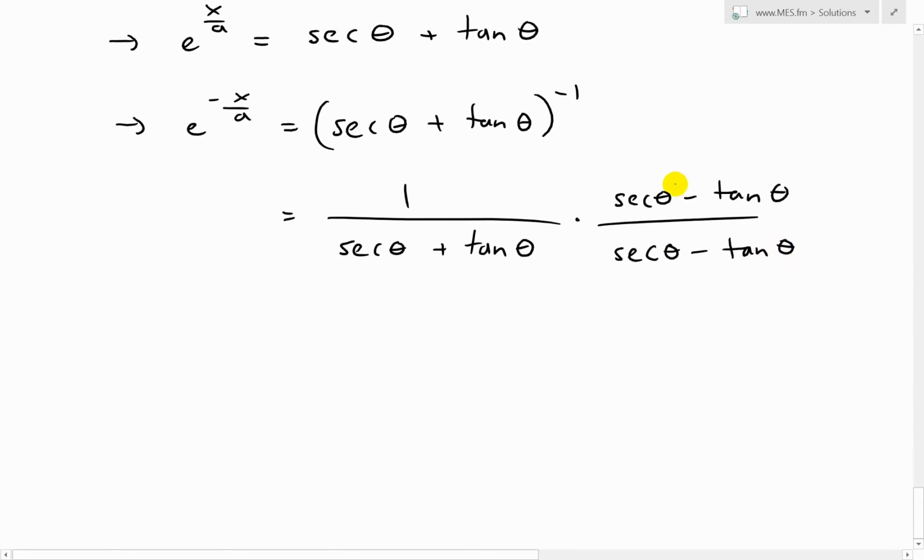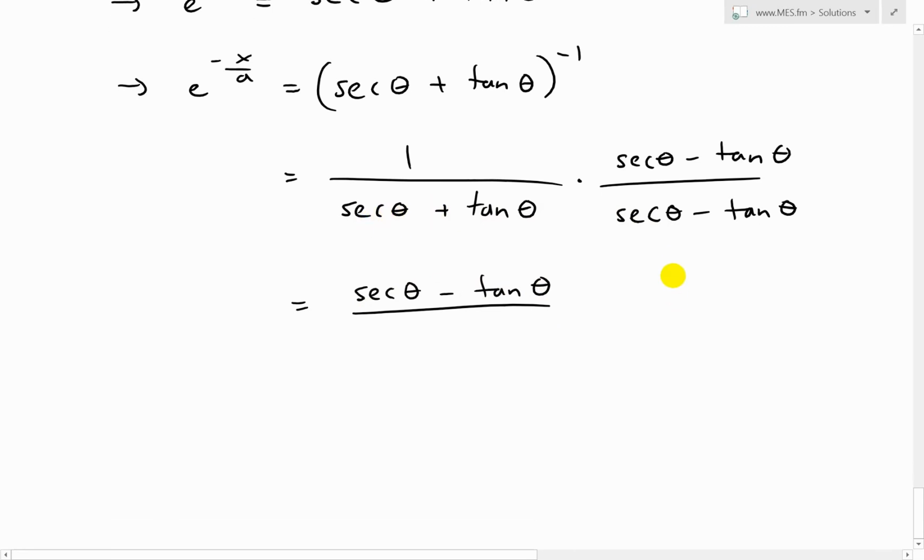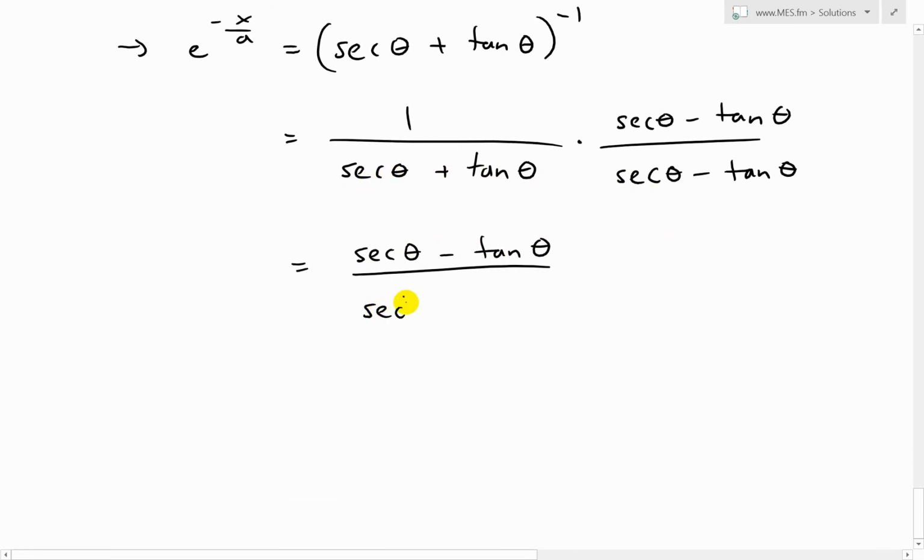So we could multiply this inside, and the top is going to be secant theta minus tan theta, over, now secant times secant is going to be secant squared theta. Now secant times tan theta is going to be tan theta secant theta.